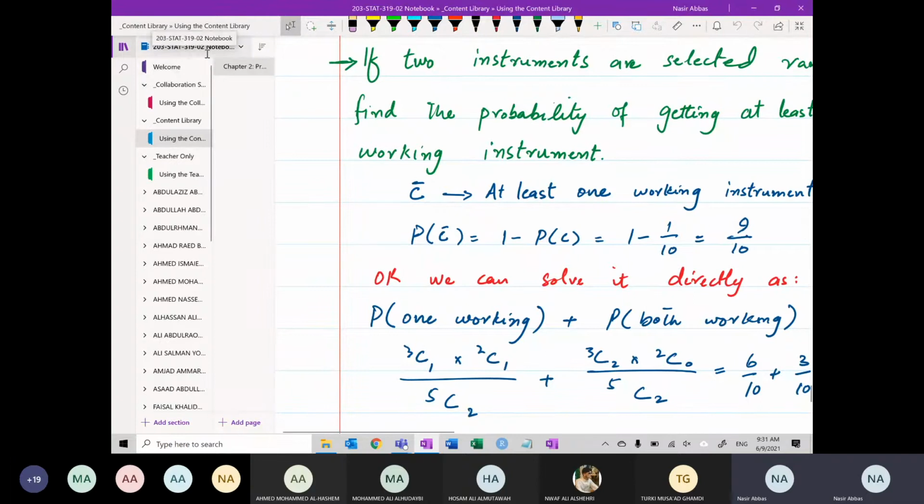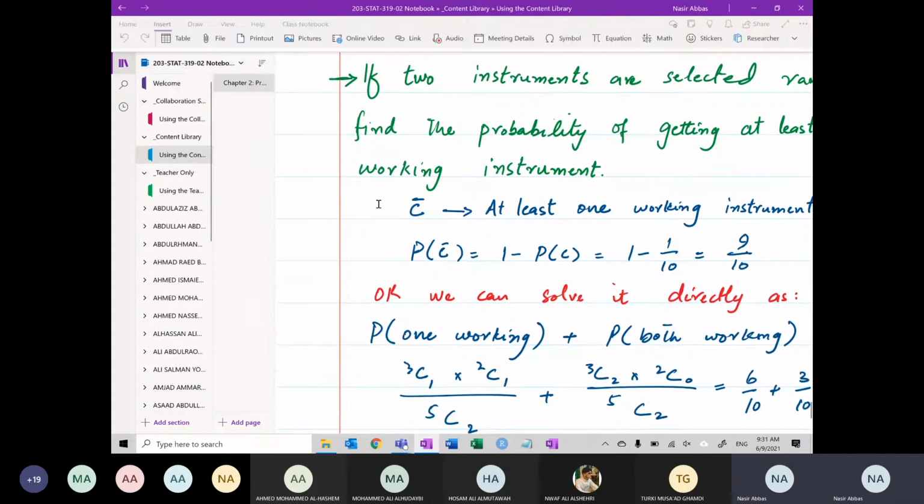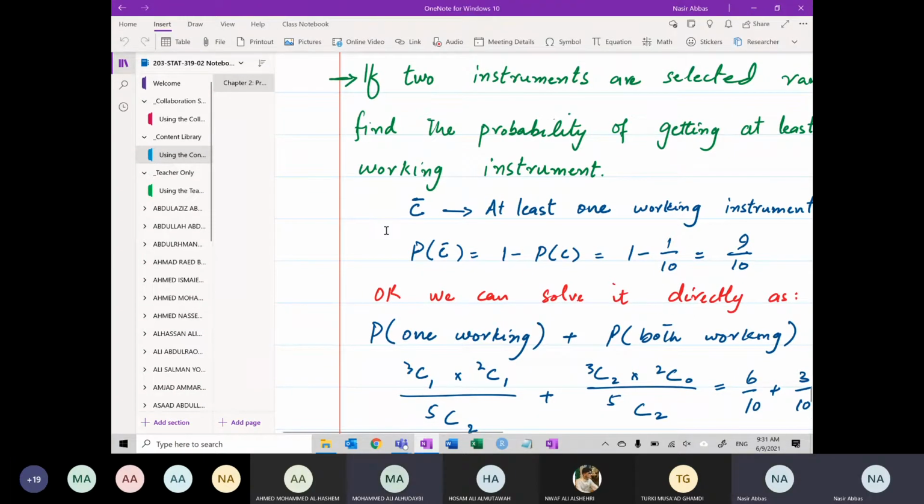Stat 319-02, this is for your section. If I'm not an instructor in a course, I cannot create it. Can someone who's able to access this OneNote confirm? Yes, I think this was for our section.